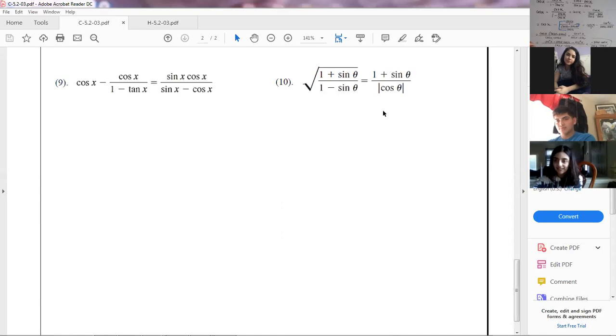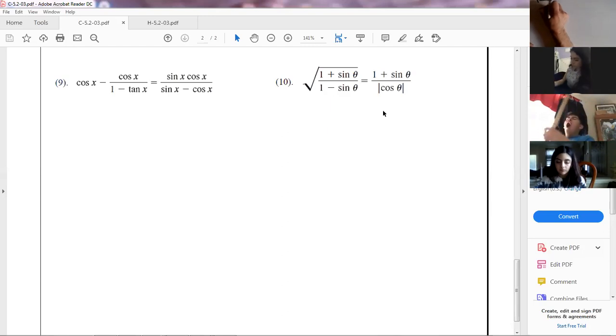Okay, the last problem. The last problem is going to give us a little bit of trouble, right? Let me just write it. Is the square root. I'll use another marker now. The square root of 1 plus sine theta over 1 minus sine theta, right?